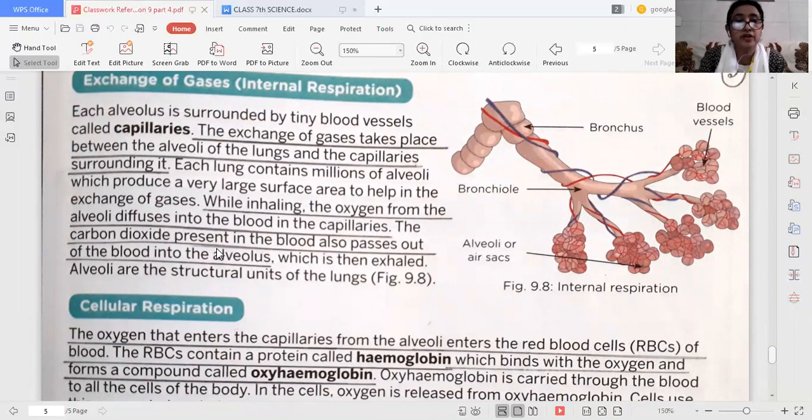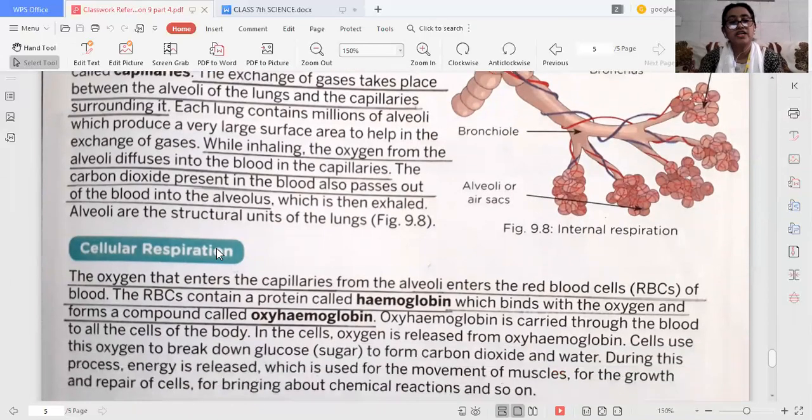While inhaling, the oxygen from the alveoli diffuses into the blood in the capillary, and the carbon dioxide present in the blood passes out of the blood into the alveolus. This is later exhaled out of the body. So alveoli are the structural unit of the lungs, meaning the air sacs where the exchange of gases takes place are the structural unit of the lungs.